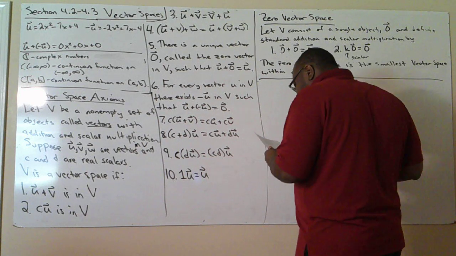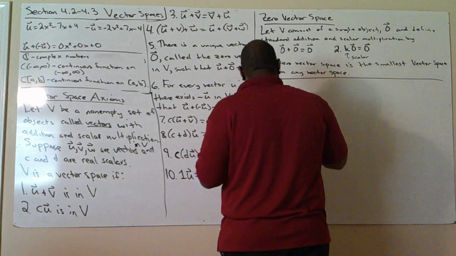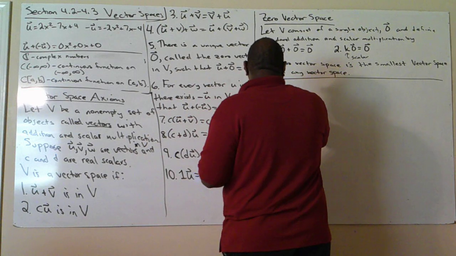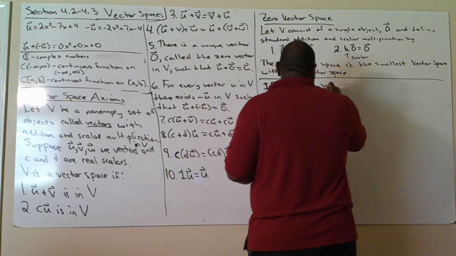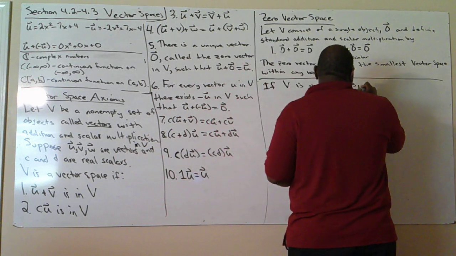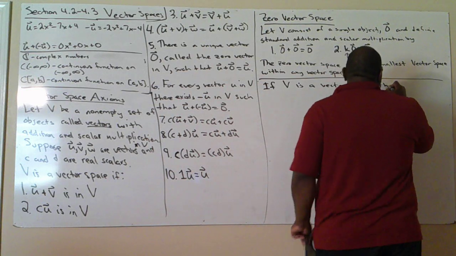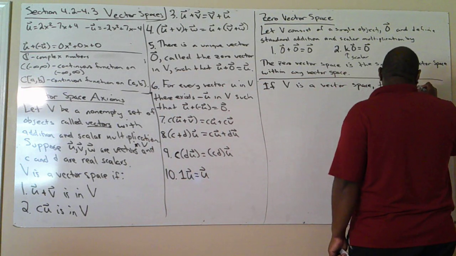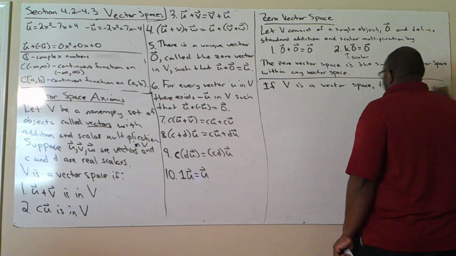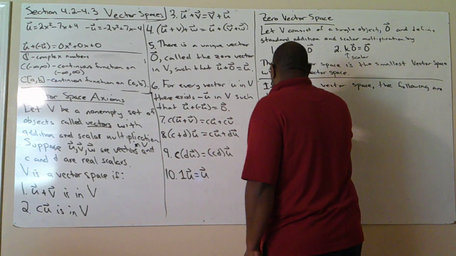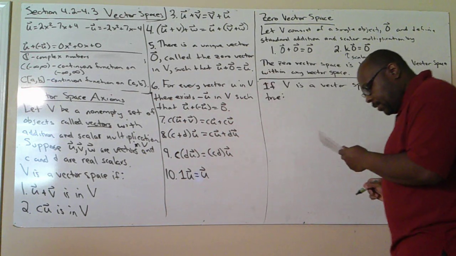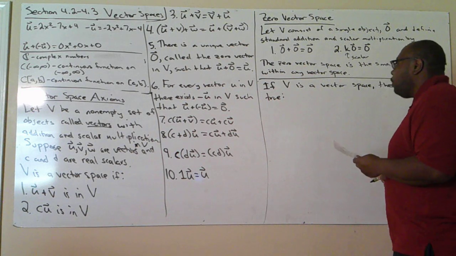And then we have properties of 0. So if V is a vector space, the following are true. And these are properties which deal with 0.